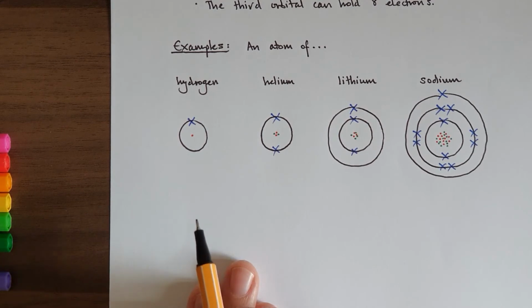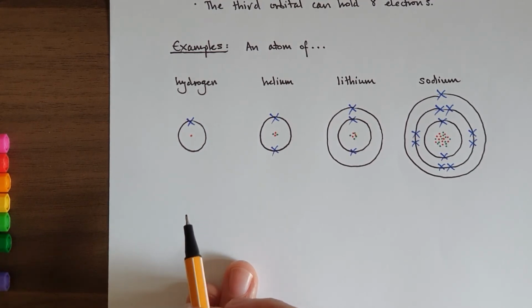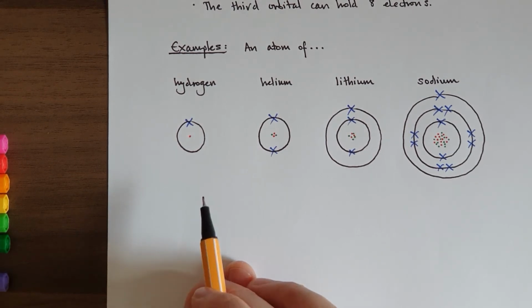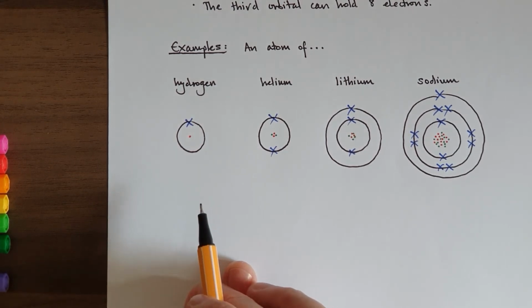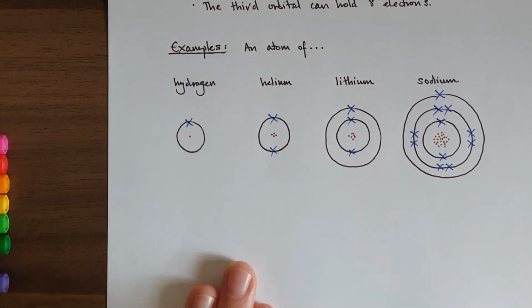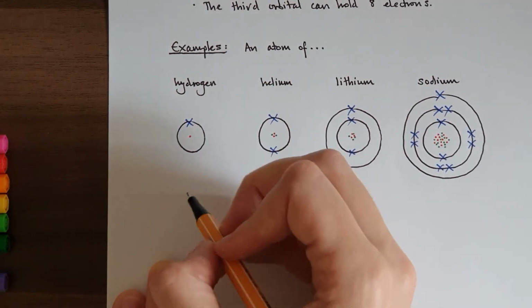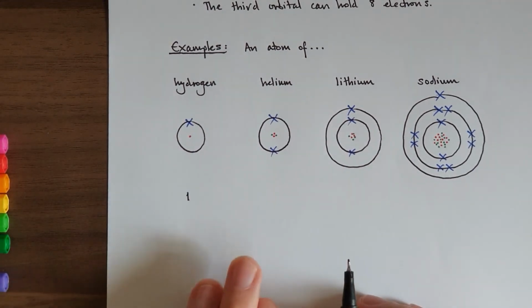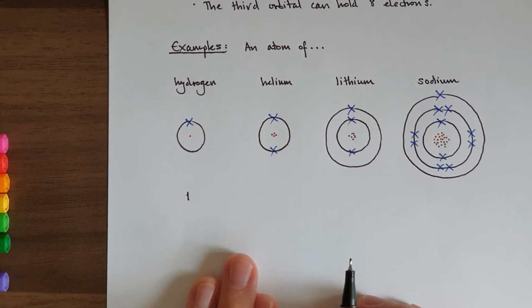All we do is write down a number to show how many electrons are in the first orbital, and then a comma, and then a number to represent how many electrons are in the second orbital, and then a comma, and so on. So for this first one, it's only got 1 electron, so its electron arrangement would just be 1.